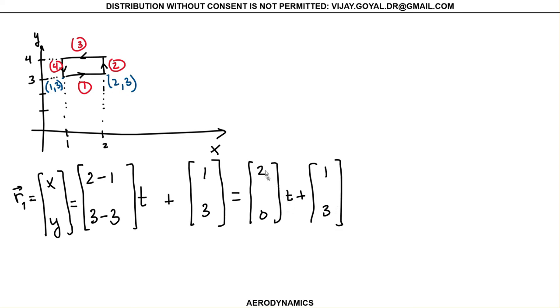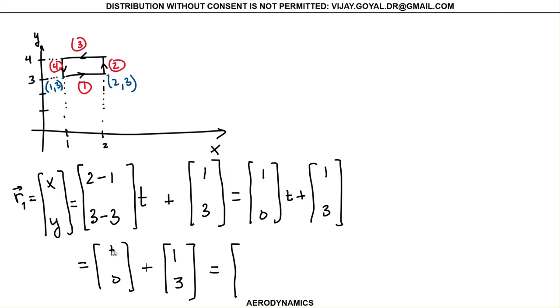You multiply this t for each one of these components, and when you add vectors, you just add each component. So this will be t plus 1, and this will be 3.